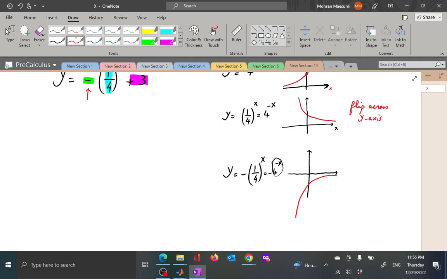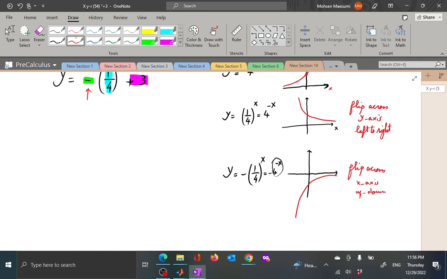Here we go from top to bottom, so that is a flip across the x-axis. This one you can call flip left to right and right to left, and this is flip up down, or turn it upside down.